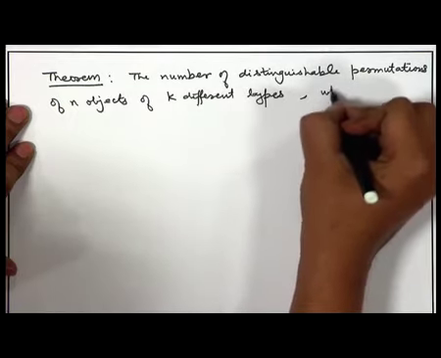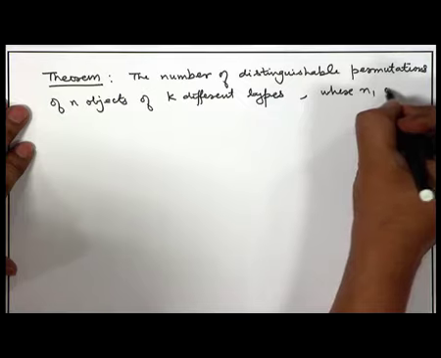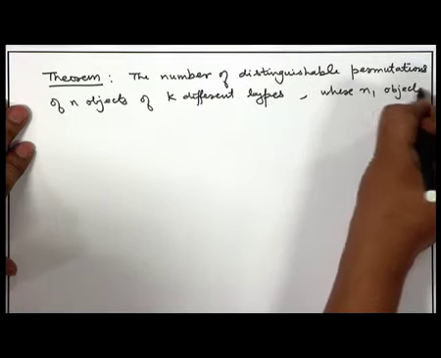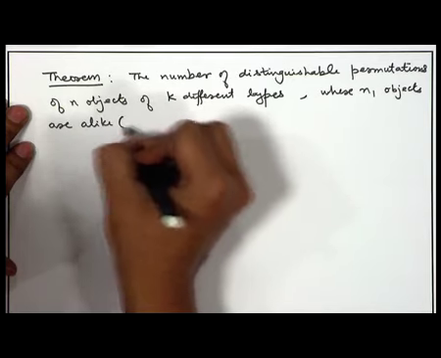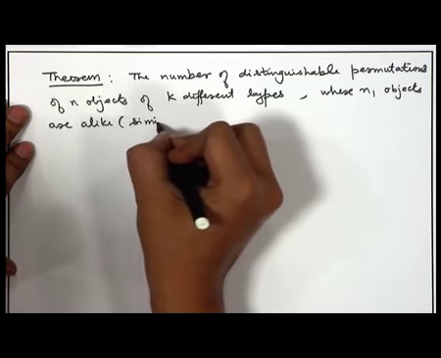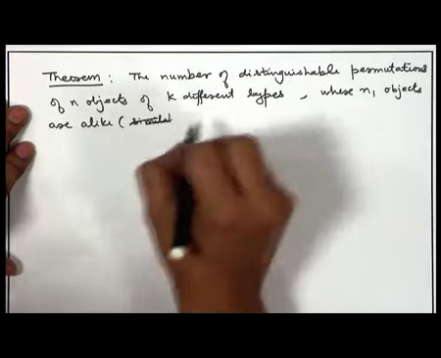For example, where n1 objects are alike or similar, basically they should be of the same nature actually.